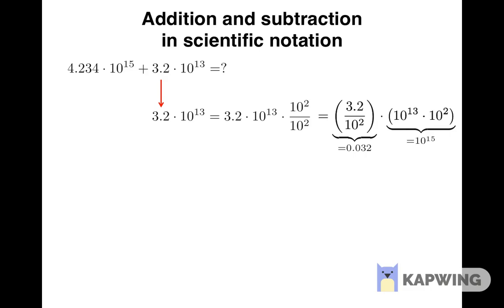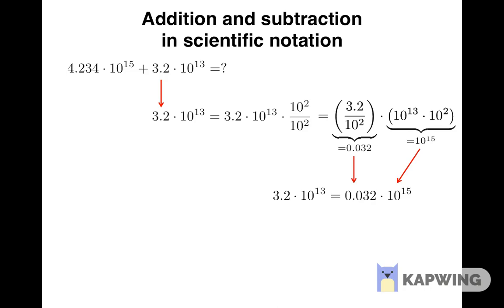In general, a product of 2 powers of 10 is a power of 10, with the exponent that is equal to the sum of exponents of the two terms. So now we can rewrite our product of the two parentheses as follows. 0.032 times 10 to the 15th power.